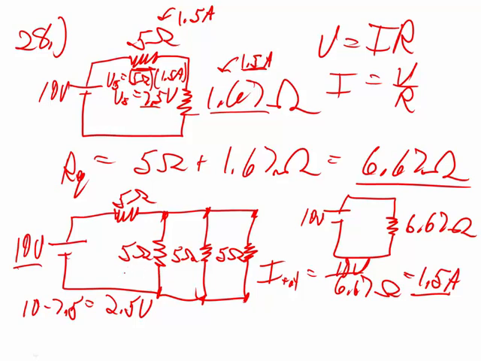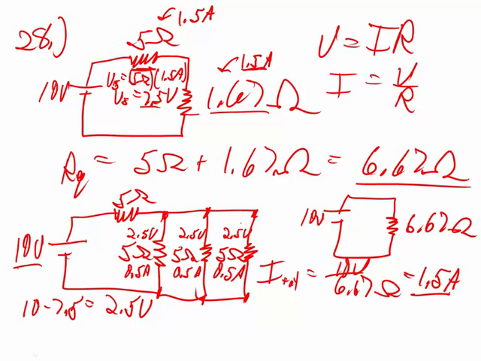Well, each one of these will have 0.5 amps. Okay, and you say, well, how did you know to do that? Because they're all the same resistance, therefore, they have to have the same amperage, all right? And again, each one's going to have 2.5 volts, 2.5 volts, and 2.5 volts.